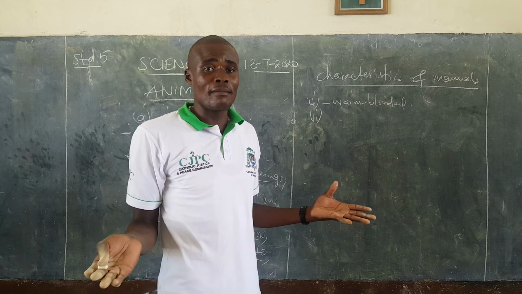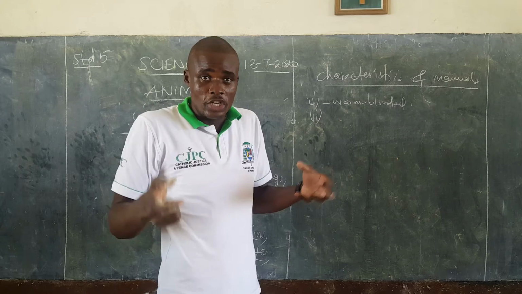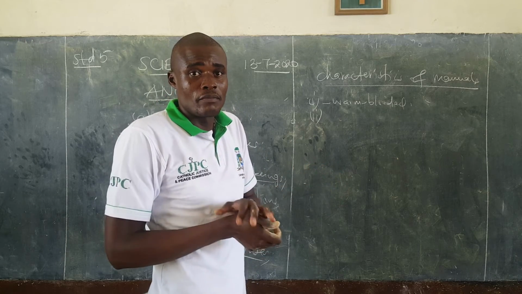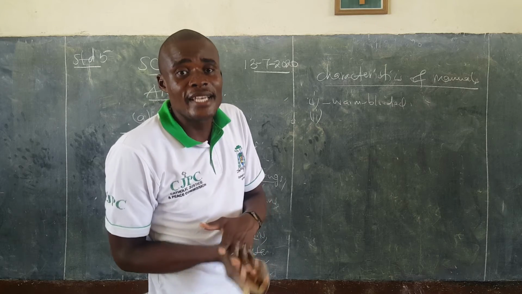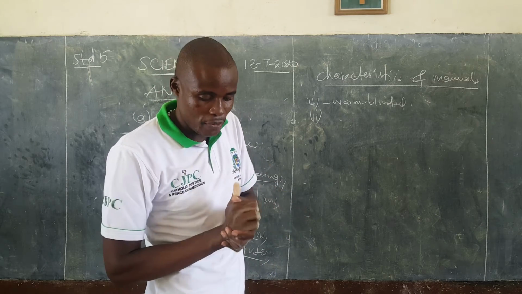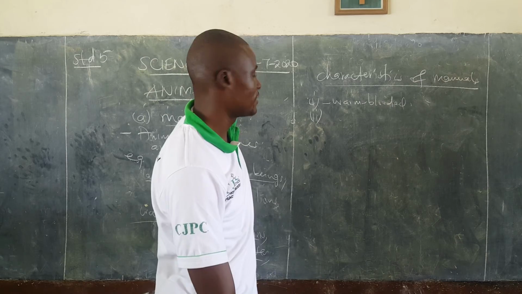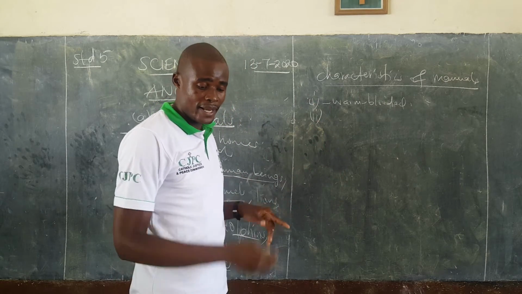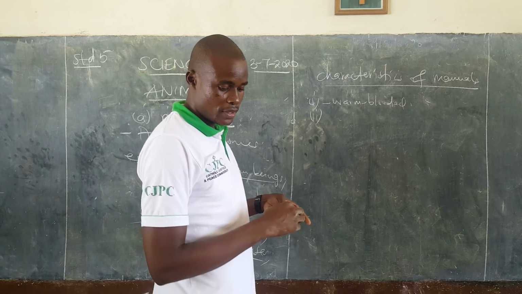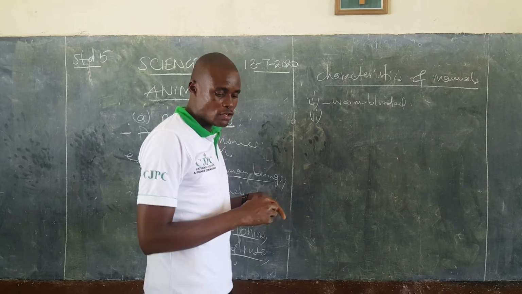For human beings that are mammals, the body temperature does not change. But for the cold-blooded animals like a snake, their body temperature changes according to the environment. We mentioned that very clearly. So one characteristic of mammals is that they are warm-blooded, which means that their body temperature does not change.